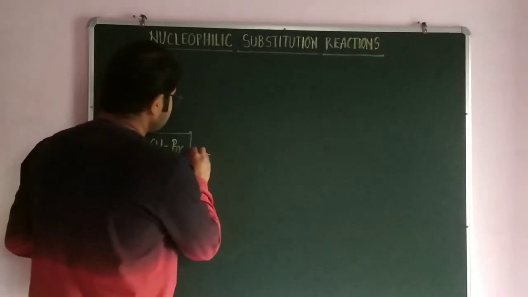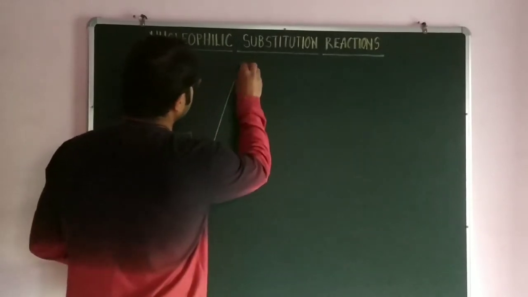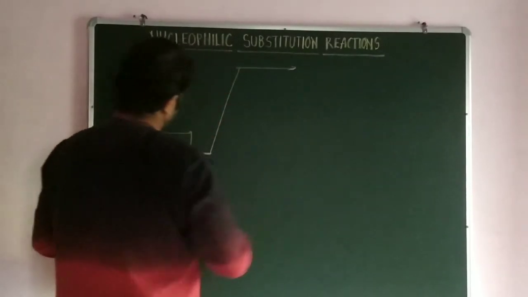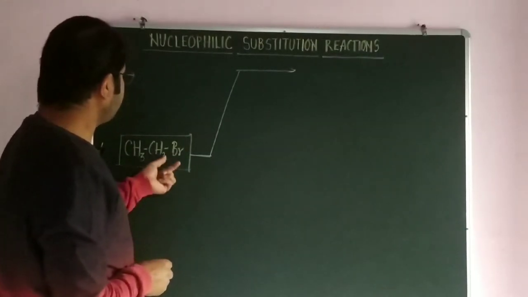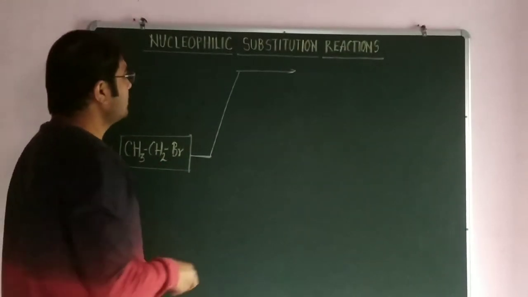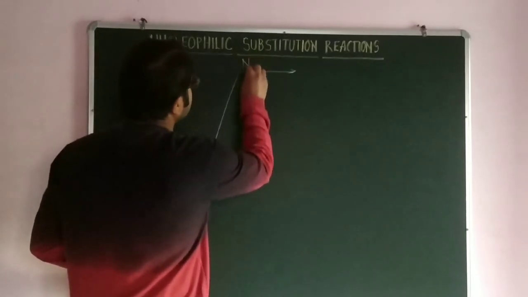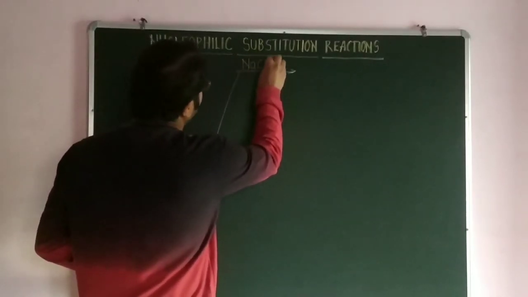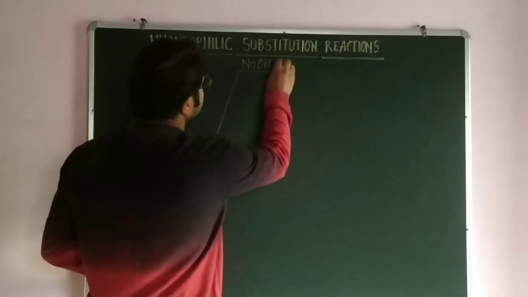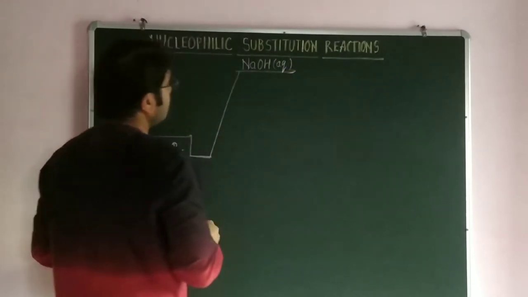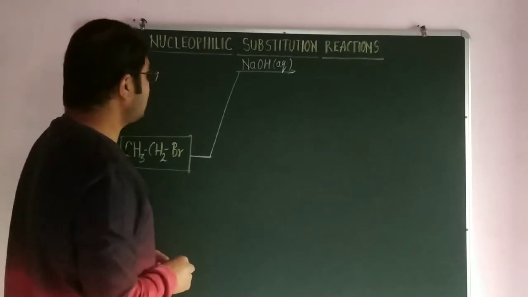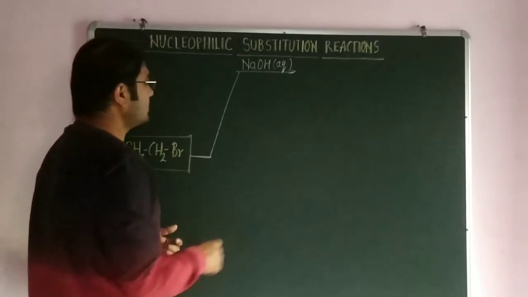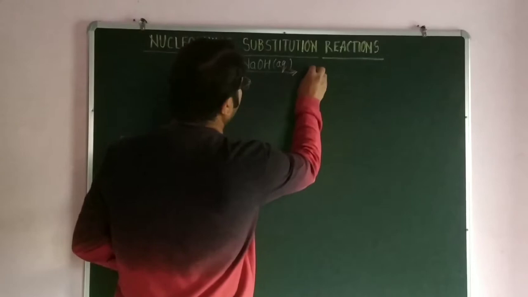So the very first nucleophilic substitution reaction is the reaction of haloalkane with NaOH, sodium hydroxide, in aqueous medium. This is the substitution by hydroxy group, and this is the formation of alcohol.